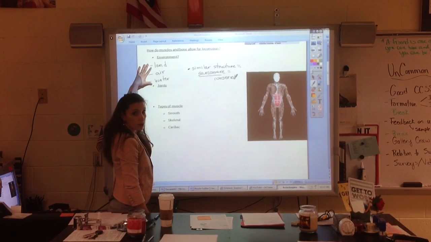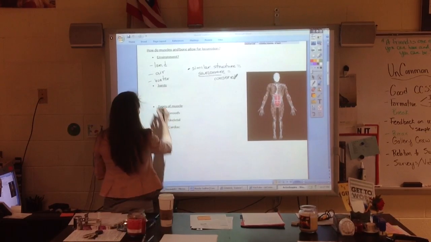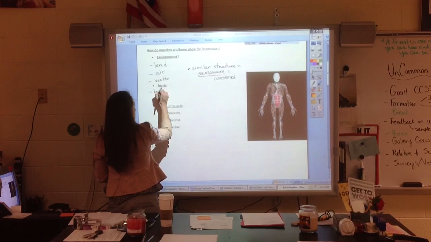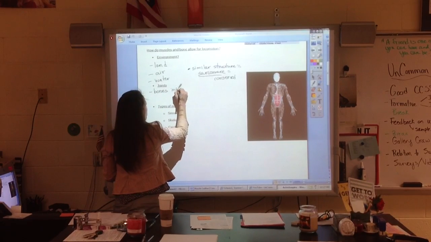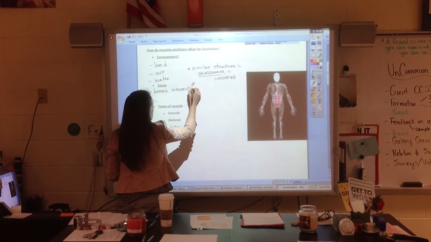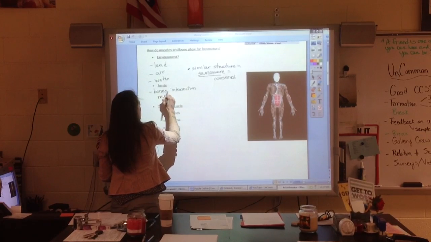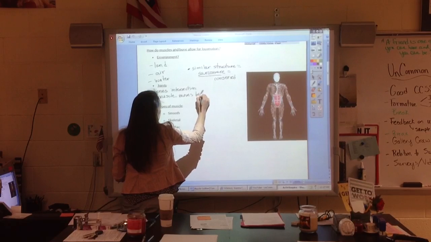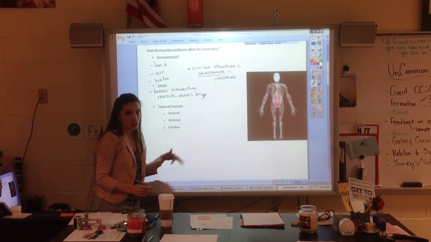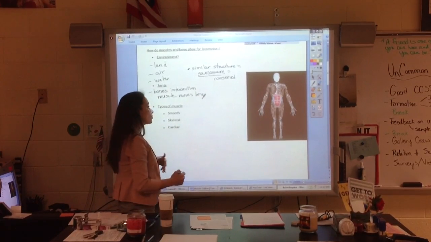However, not all organisms that move actually have bones. Joints are composed of bones at an intersection, and the muscle moves the bone. And that is what really gives you locomotion, the muscle contracting and moving the bone.